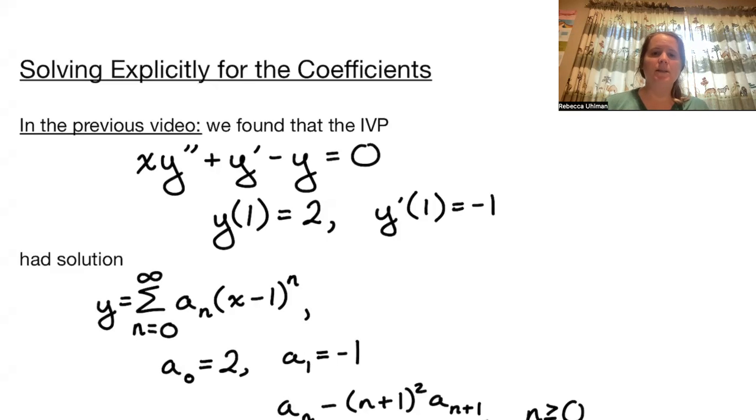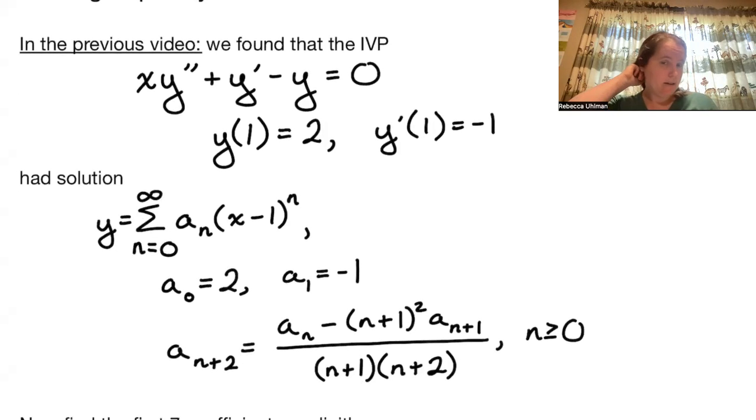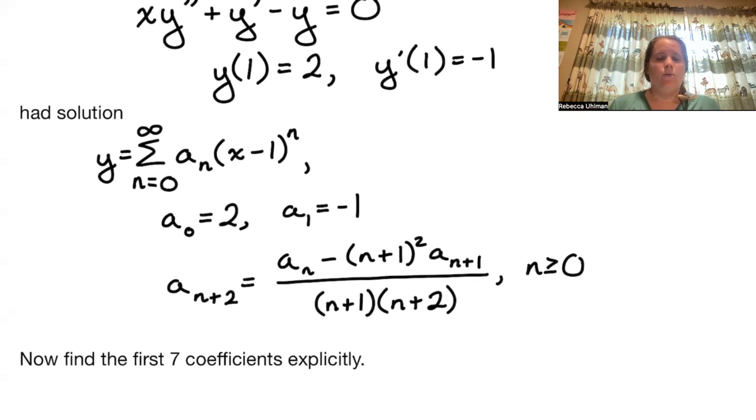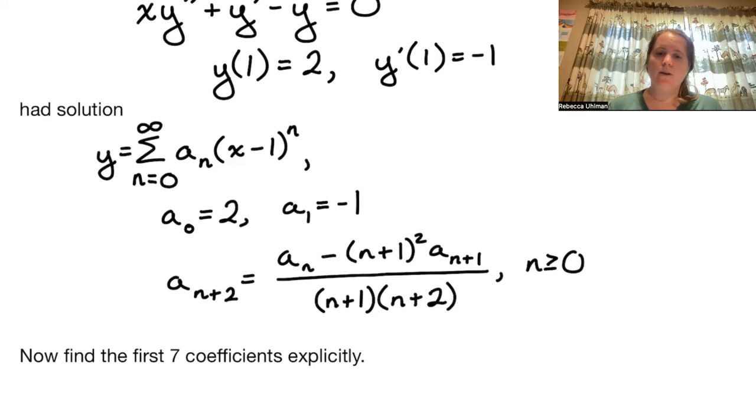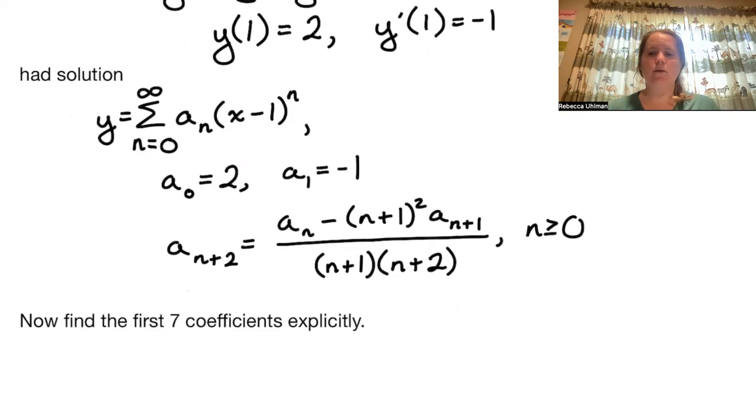Welcome to solving explicitly for the coefficients. So recall in the previous video, we found that the IVP x y double prime plus y prime minus y equals 0, with y of 1 equals 2 and y prime of 1 equals -1, had solution y equals the sum from n equals 0 to infinity of a sub n times (x minus 1) to the n, where a0 is equal to 2, a1 equals -1, and a sub n plus 2 was defined by a sub n minus (n plus 1) squared times a sub n plus 1, all divided by (n plus 1) times (n plus 2), for n greater than or equal to 0.